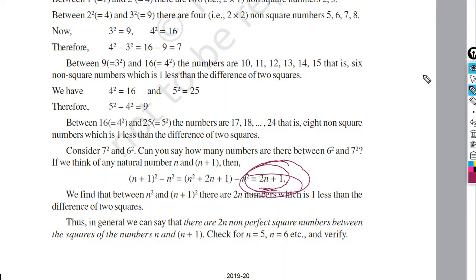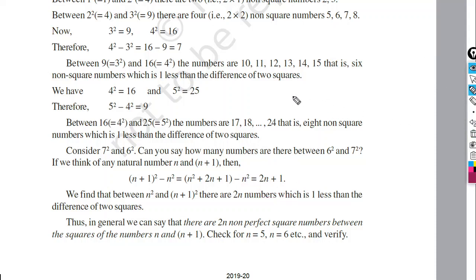Okay, we'll have an example first, so that it becomes clear.